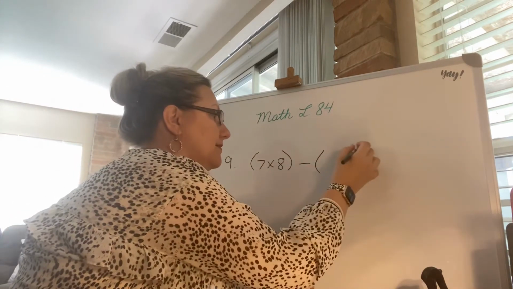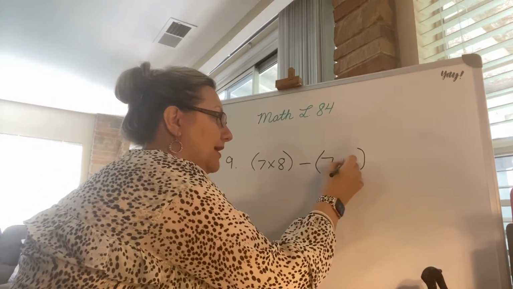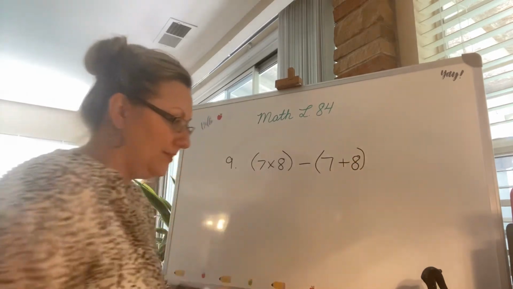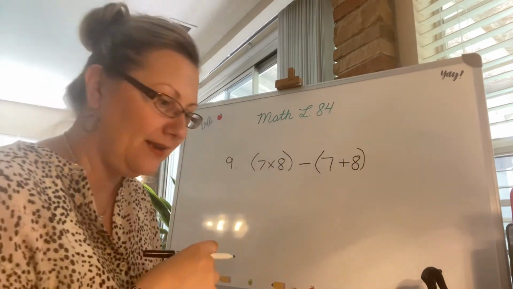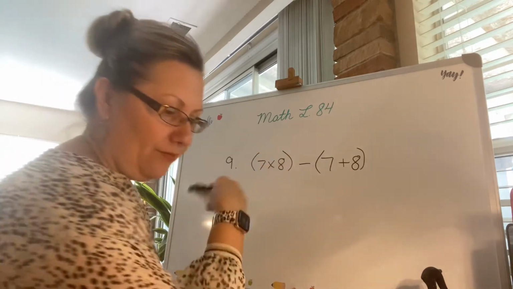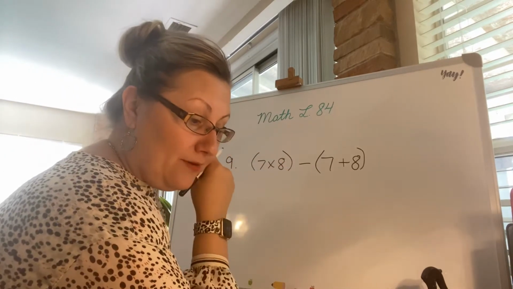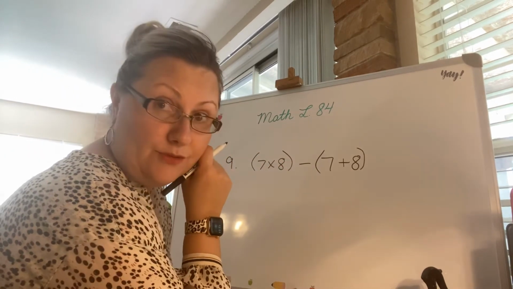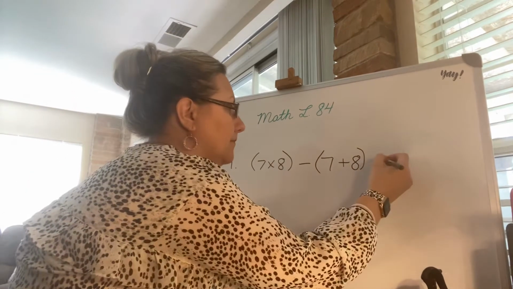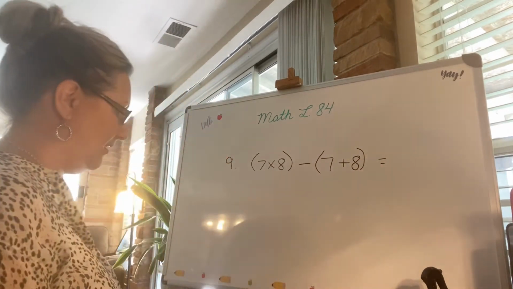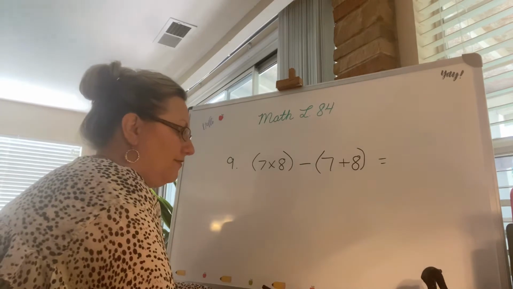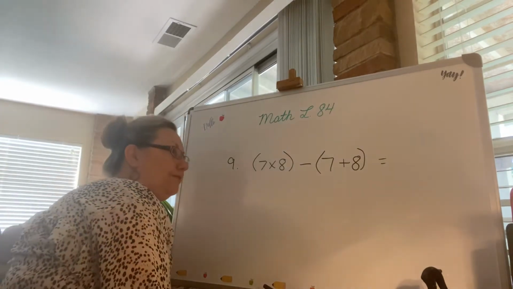And then the sum of 7 and 8 we would get by adding together these two numbers. So I'm putting that in a separate parentheses. And now I'm going to go ahead and do this problem. Okay, I'm going to put an equal sign at the end because once we do all of this, we will have the answer.